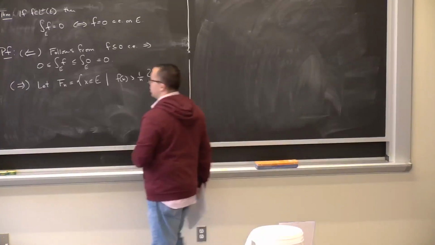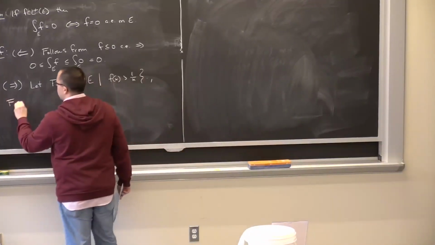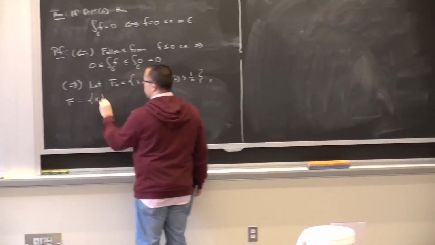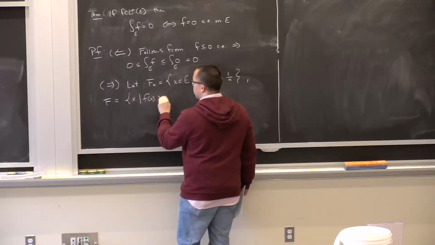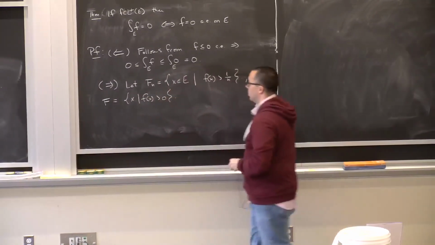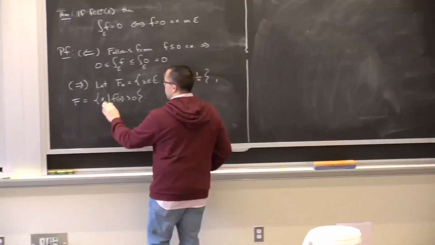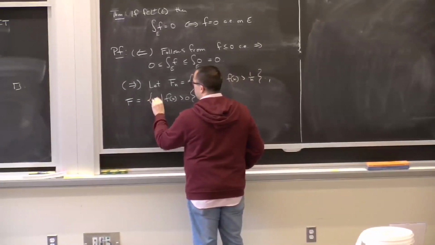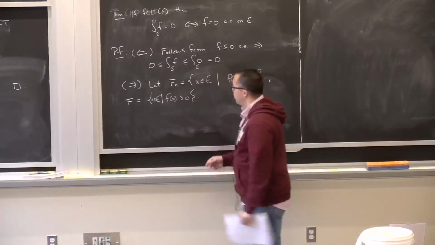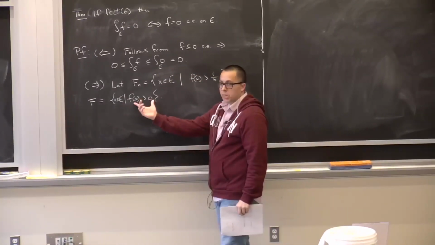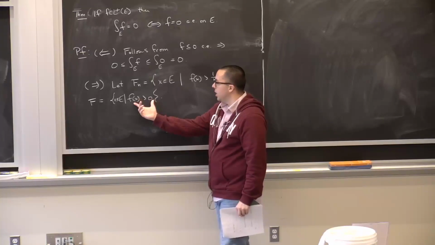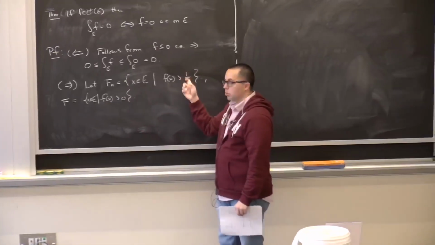And let F be the set of all x's in E such that f of x is bigger than 0. Now, if I have an x where f of x is bigger than 0, then at least for some large n, f of x will be bigger than 1 over n.